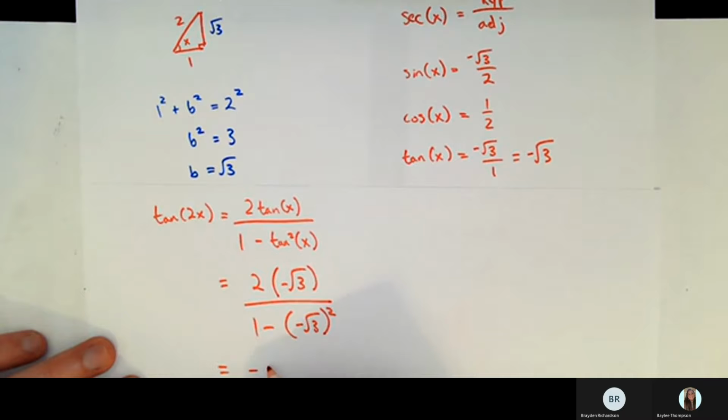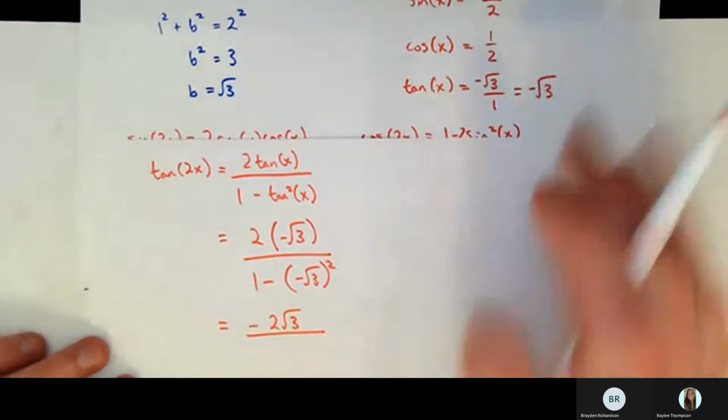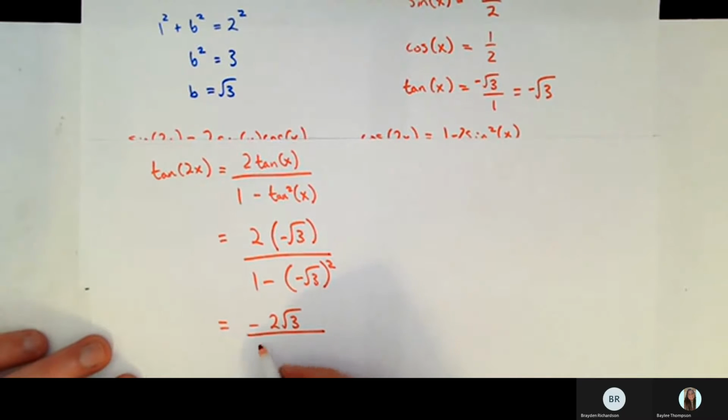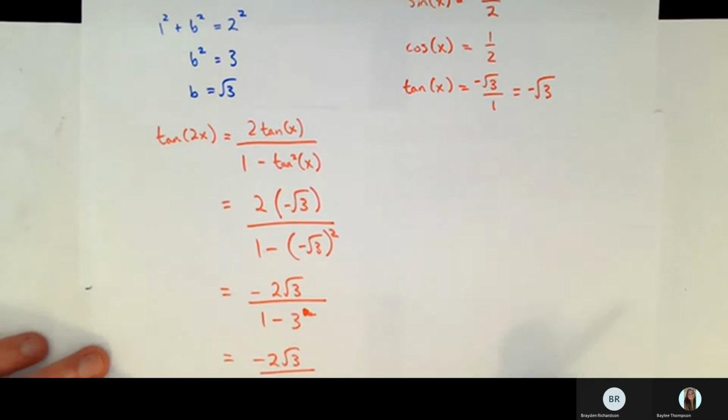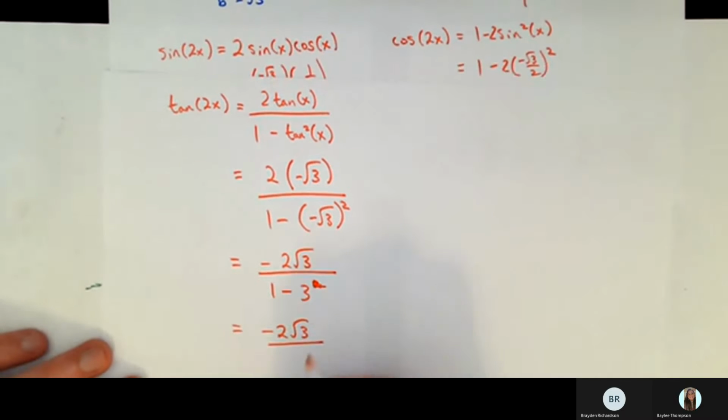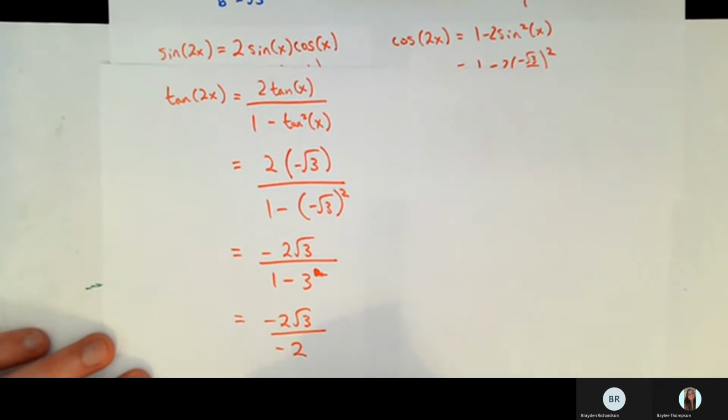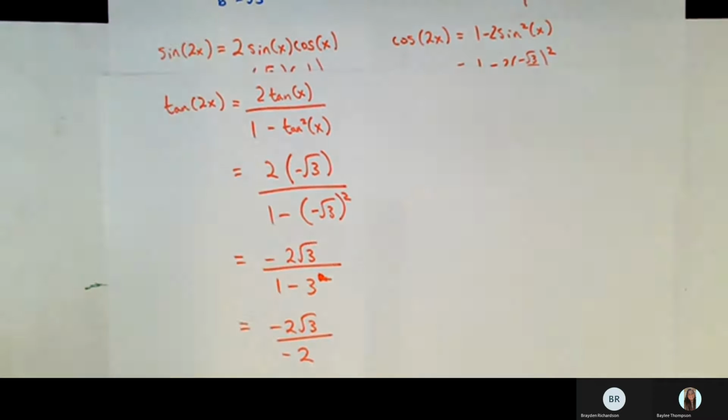That's giving me negative 2 square roots of 3 in the numerator, over 1 minus 3, oops, it's already squared, so just 1 minus 3. And that's going to be a negative 2. And then finally, I'm getting just a square root of 3.